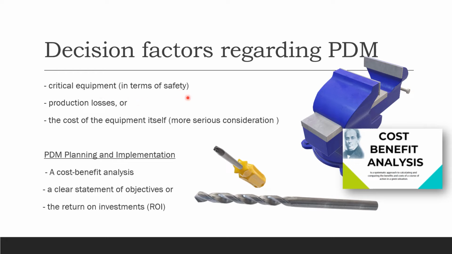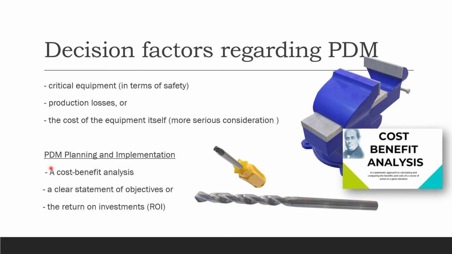Okay, remember the criticality. And then we also take a look at the production losses, and then we take a look at the cost of the equipment itself. Cost is a more serious consideration compared to all others. So that's what we look at every time we have to make a decision.